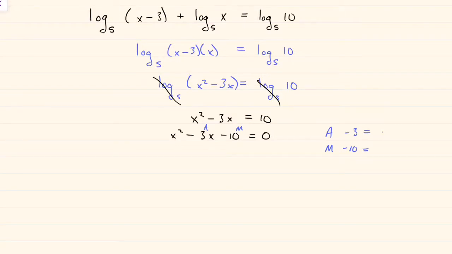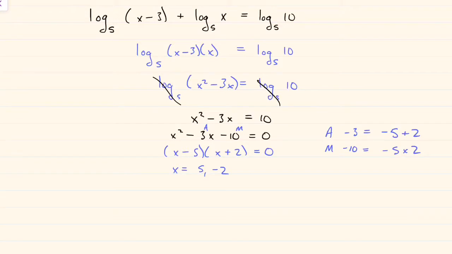Always look for two numbers that multiply to negative 10 first, and you should be able to figure out that it's negative 5 plus 2 and negative 5 times 2. So this factors as x minus 5, x plus 2 equals 0. To get my roots, it's always the opposite. I always go, what number minus 5 is 0? Well, 5 minus 5. What number plus 2 is 0? Negative 2. So x equals 5 and negative 2.